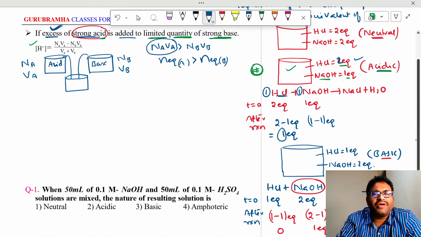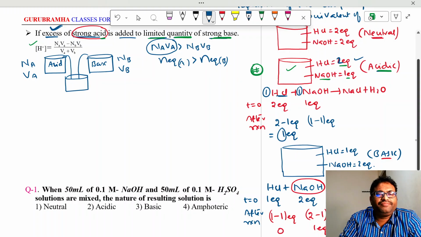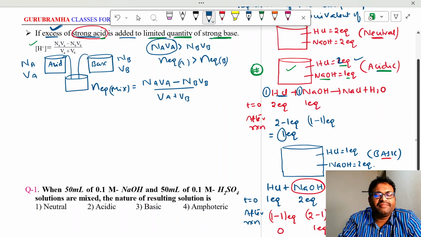As this is more in number, you are subtracting the NaOH equivalents from HCl. Then the normality of the mixture will be equal to NaVa minus NbVb by Va plus Vb.